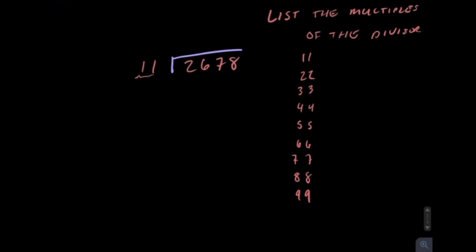And then I've taught them to multiply, subtract, bring down. So there's their checklist, if you will. So they start off with list the multiples of the divisor, and then they checklist it.